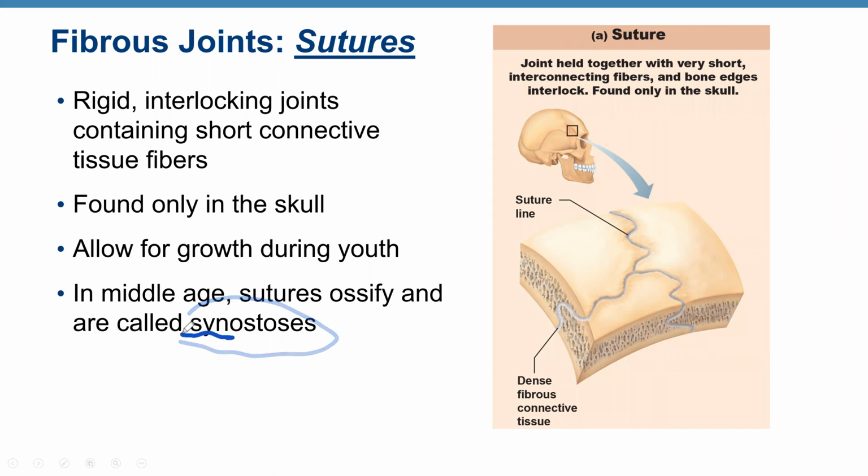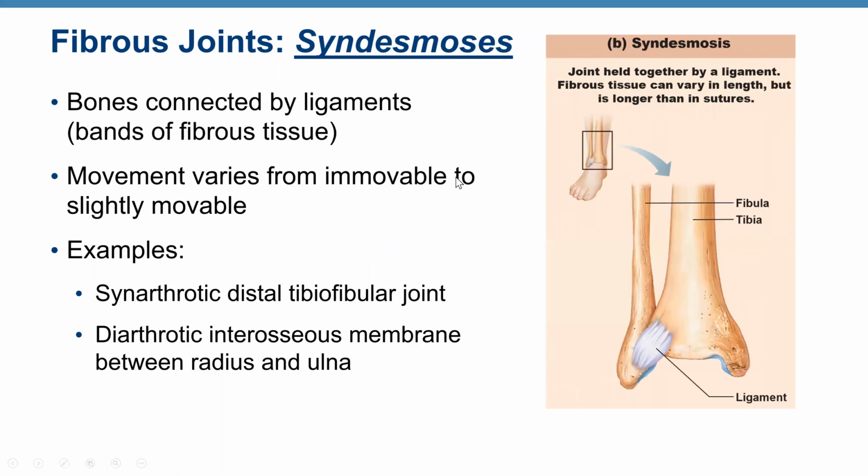And by the way, syn means come together, like synapse, where nerves come to the muscle, synostosis. So here we have connection between bones, right? So that's our sutures. So it's a fibrous joint and it's synarthrosis. Another example of a fibrous joint would be syndesmosis.